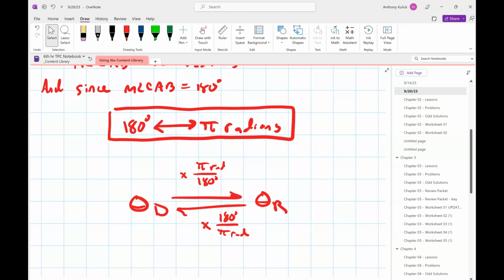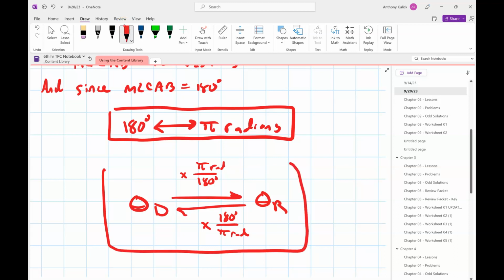But that's the takeaway, right? This picture is really the one that we end up thinking about. So that's just the Greek letter theta. That's the variable we typically use in a trigonometry course to represent the angle or an angle measure.